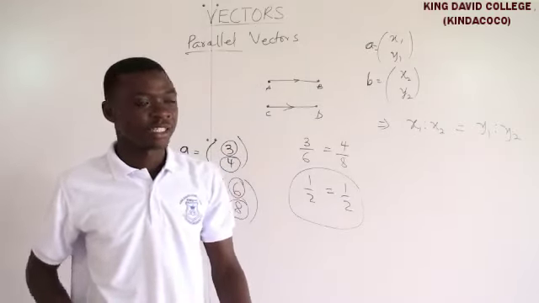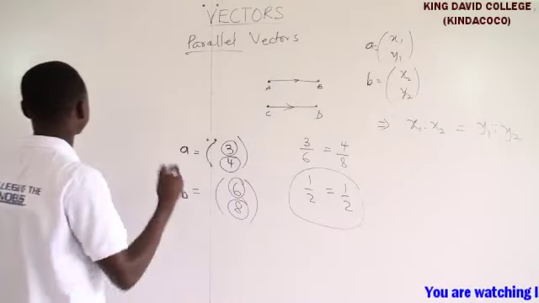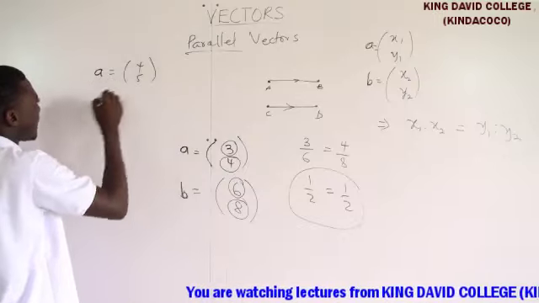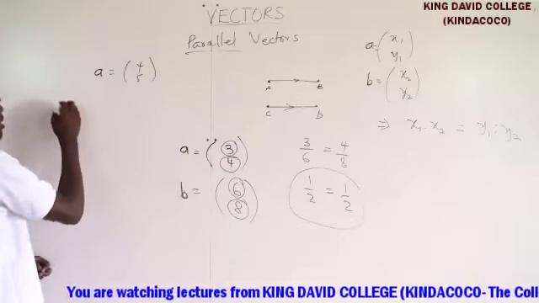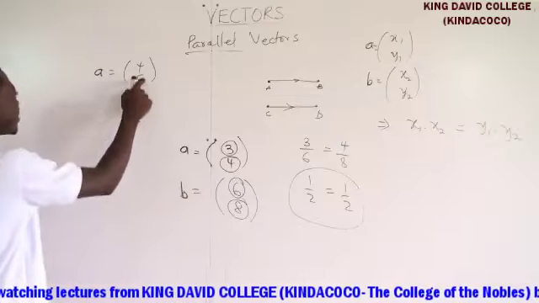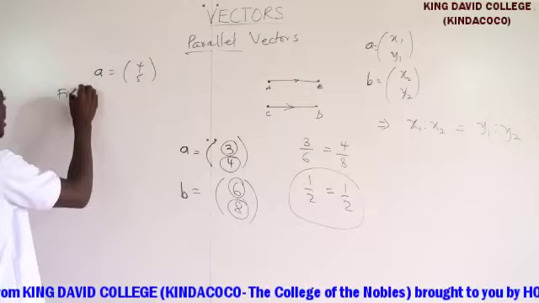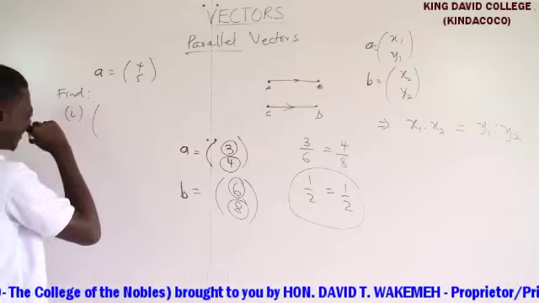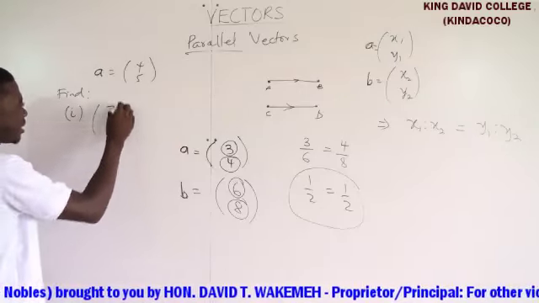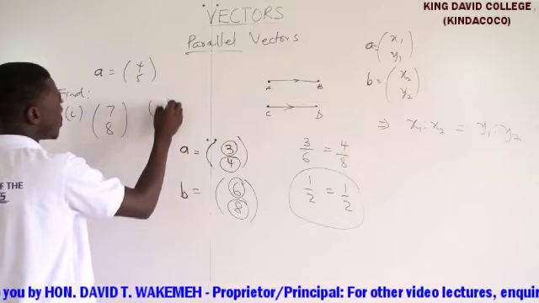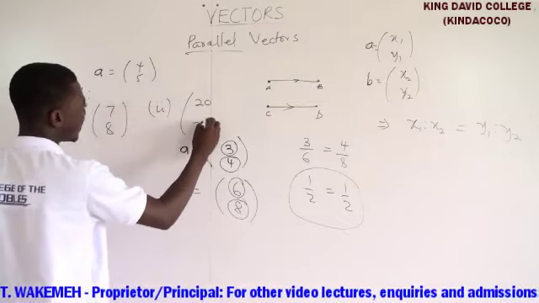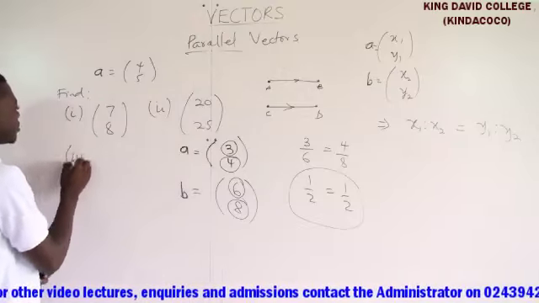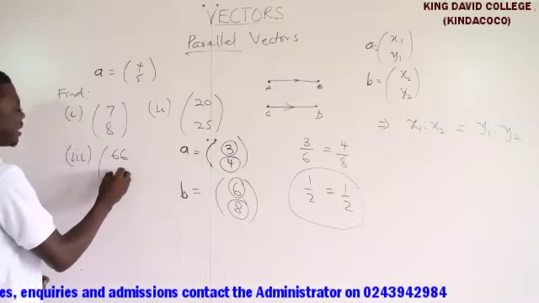As simple as that. So if I give you a question, this is vector A, which is 4 and 5. Find, among these vectors, which one is in parallel with this. Say 7 and 8, then 20 and 25, then 66 and 100.